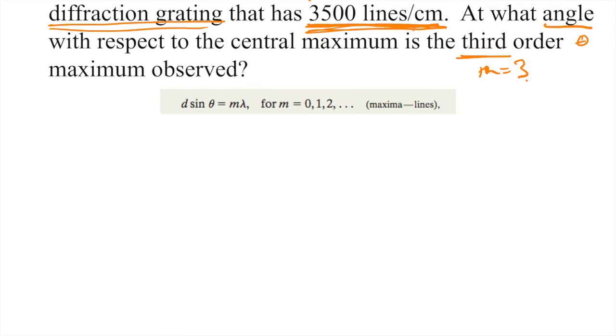All right, so we have our equation, d sine theta equals m lambda. We're looking for theta. m is 3, lambda is 589 times 10 to the minus 9, and d, we're going to get from this 3,500 lines per centimeter. d is the distance between lines.